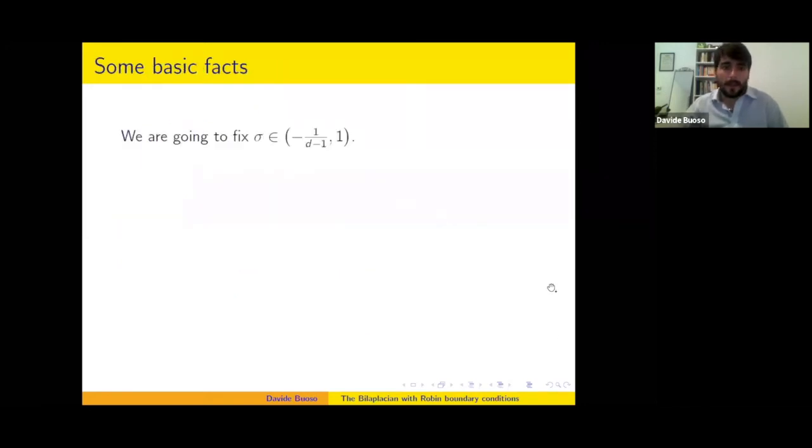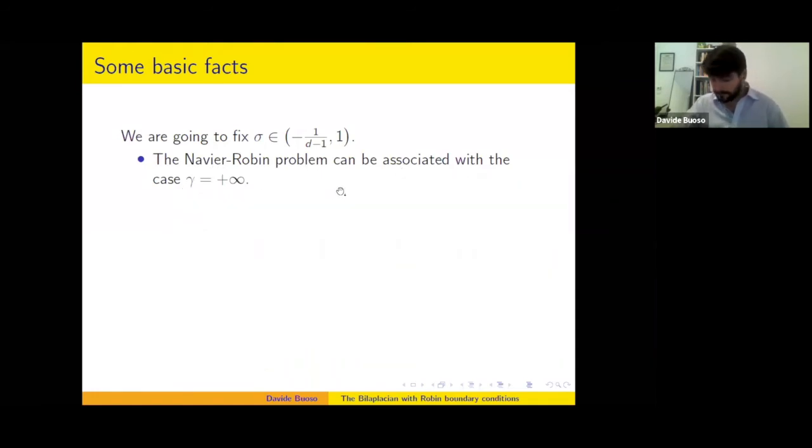So let me state some interesting facts, some basic facts about this problem before going on. We are going to fix this sigma in the range that we said. Now, the Navier-Robin problem can actually be associated with the case gamma equal +infinity. Why is that?